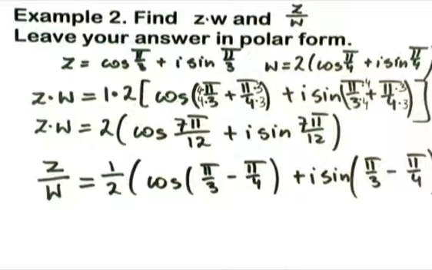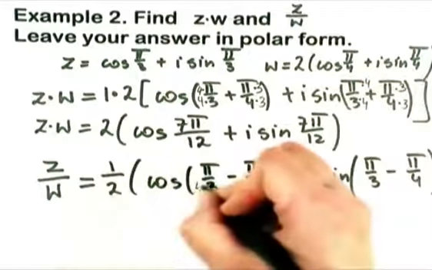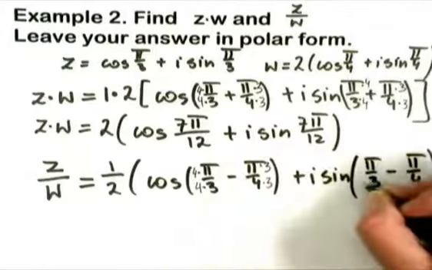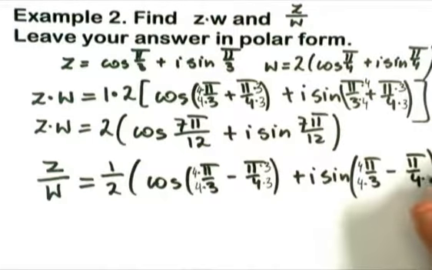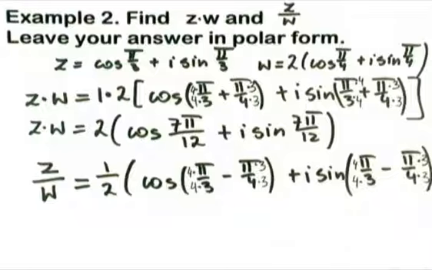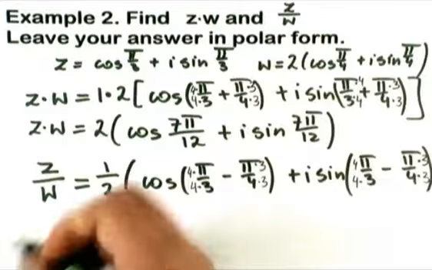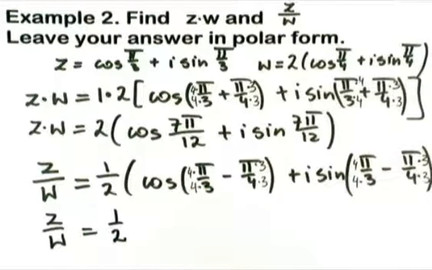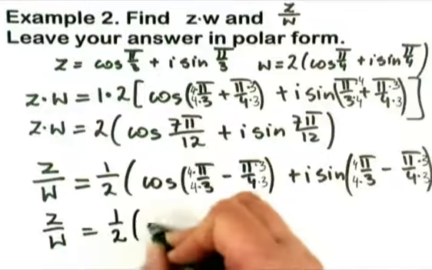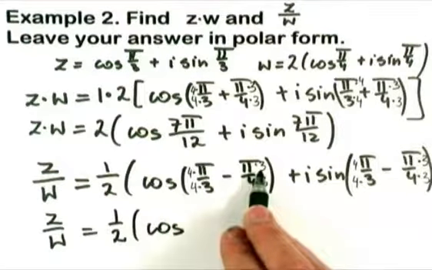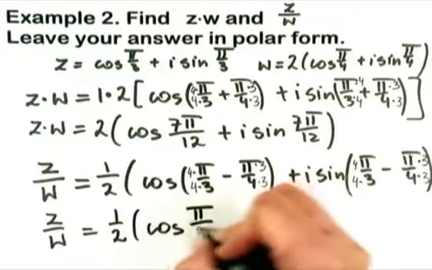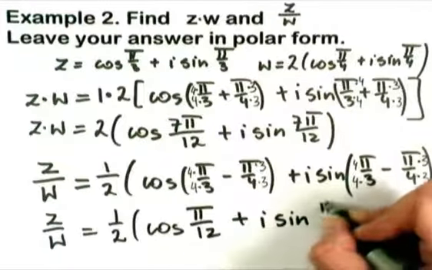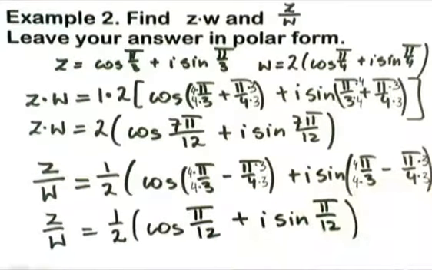Common denominator of 3 and 4 is 12, so this times 4 over 4, this one times 3 over 3, the same story for the sine. So we have that z over w is equal to 1/2, and then cos, 4 minus 3 is 1, so pi over 12, plus I sine, 4 minus 3 is 1, which is pi over 12.